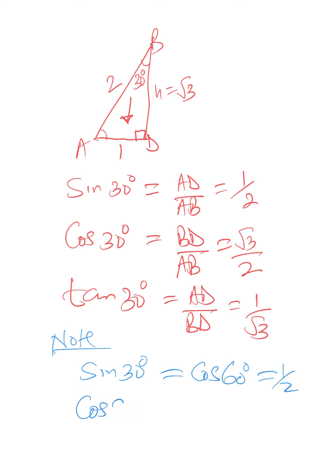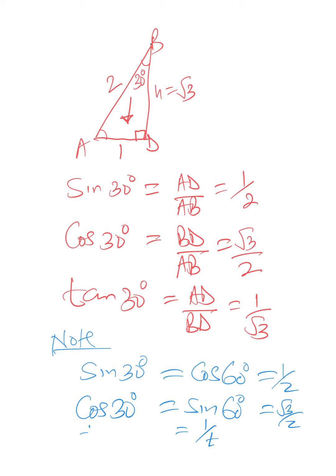And the cosine of 30 degrees is equal to the sine of 60 degrees, which is root 3 divided by 2. You can also see that the tangent of 30 degrees is 1 divided by the tangent of 60 degrees, and that is 1 out of root 3.